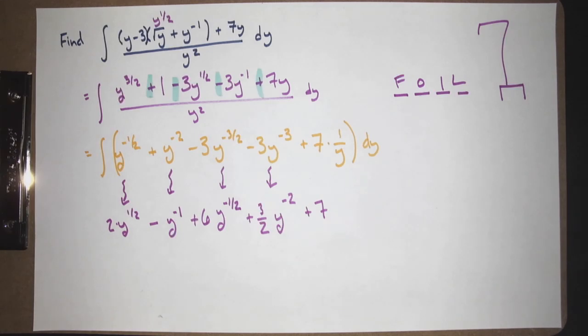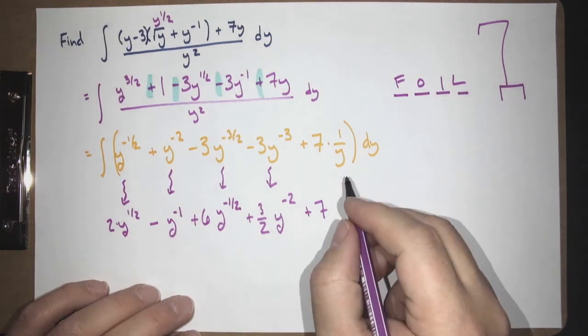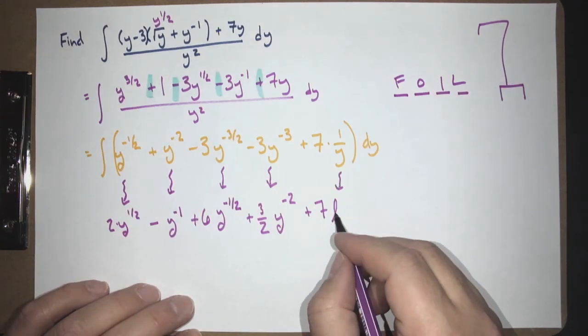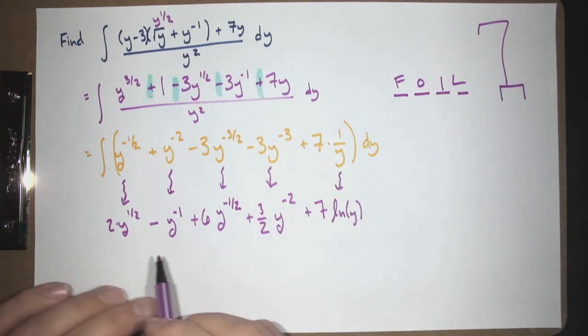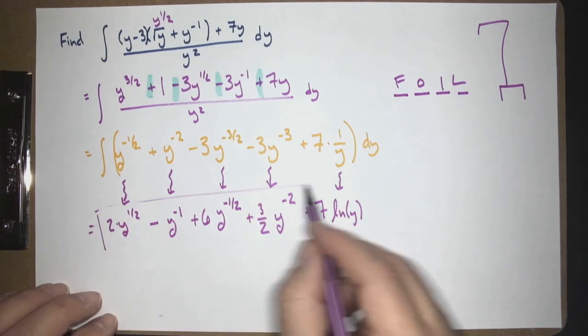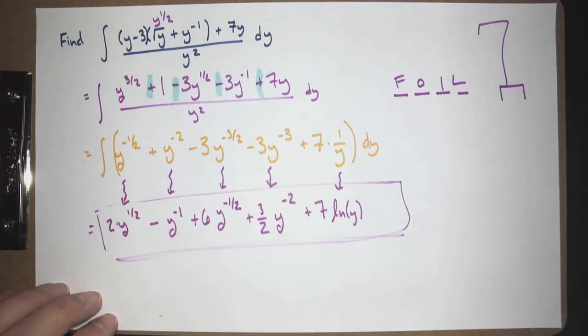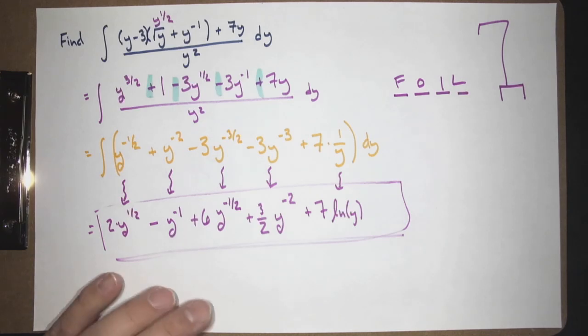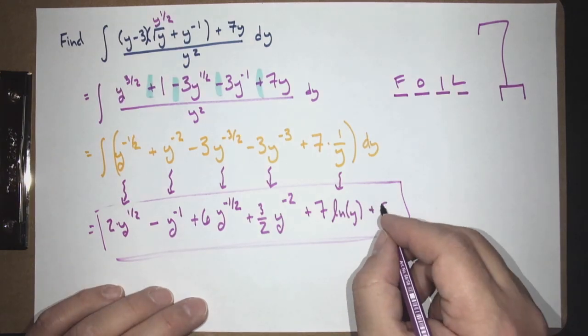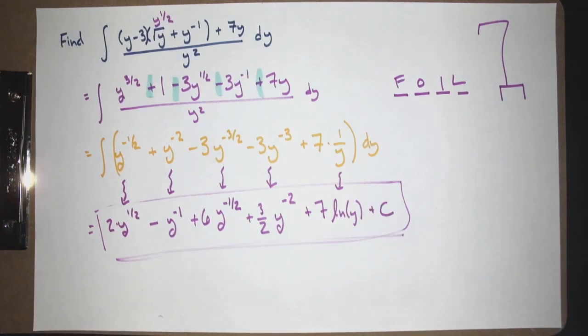So what is the antiderivative of 1 over y? Natural log. And there we go, right? Is that our answer? Yeah, don't forget. Plus c. Plus c. All right, good.